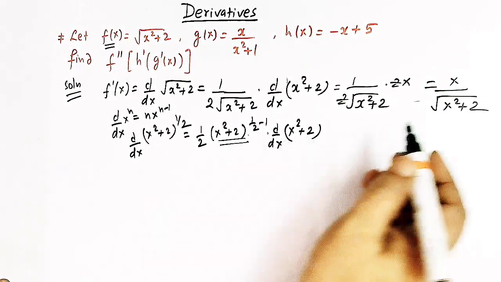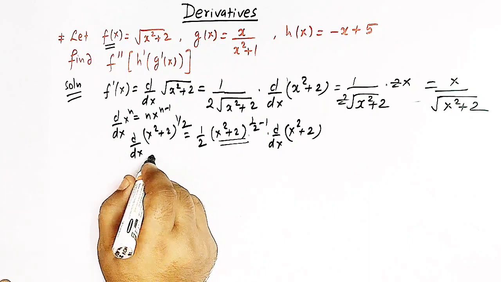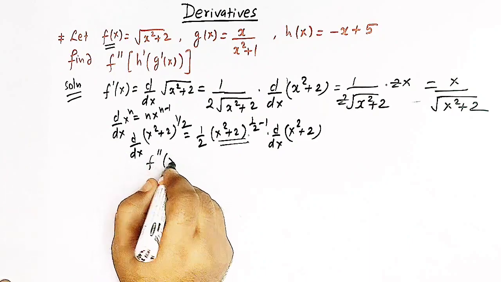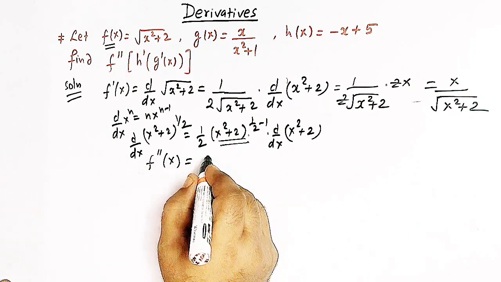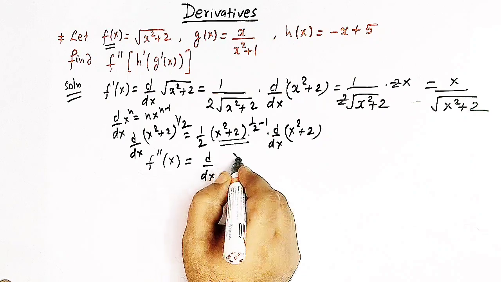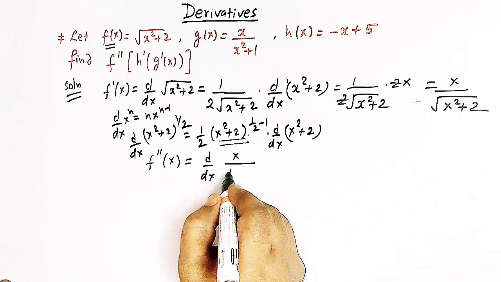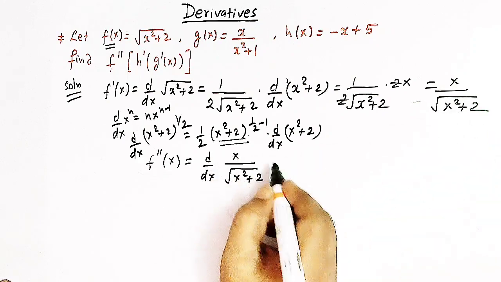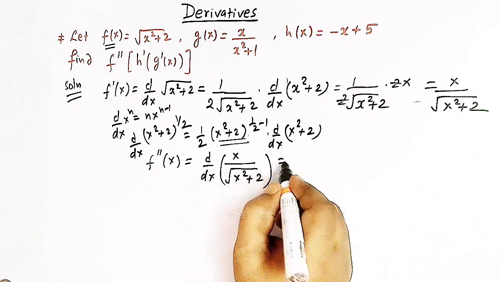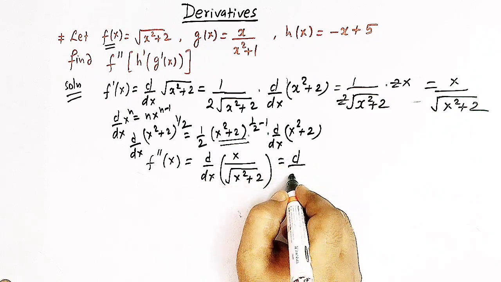Now let us find out the second derivative. So f double prime of x is given by d by dx of x over square root of x square plus 2, and here we will make use of the quotient rule.